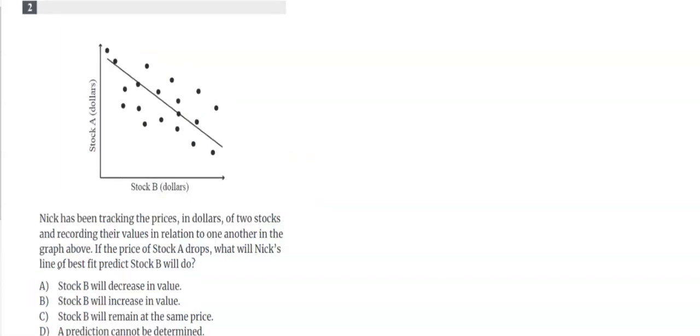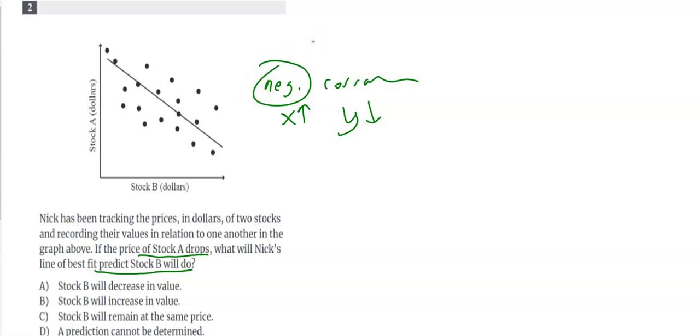This one is saying if the price of stock A drops, what will happen to stock B? Will it increase or decrease? So this is one that has a negative correlation. Which means as x is increasing, y is decreasing, or vice versa. They're going in opposite directions because it's negative.